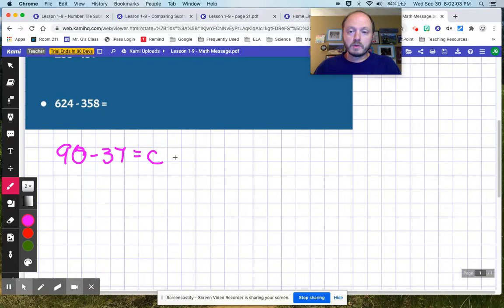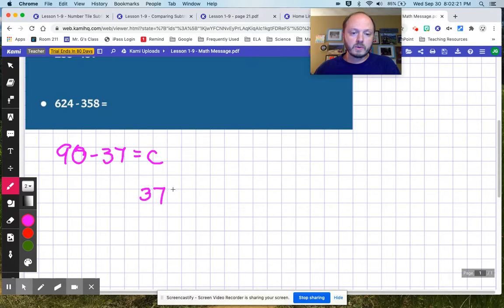We're going to think about counting up from the lower number to the higher number to get our answer. There's a few different ways that people do it. Sometimes they do it along a number line, and they think about little jumps that they make.